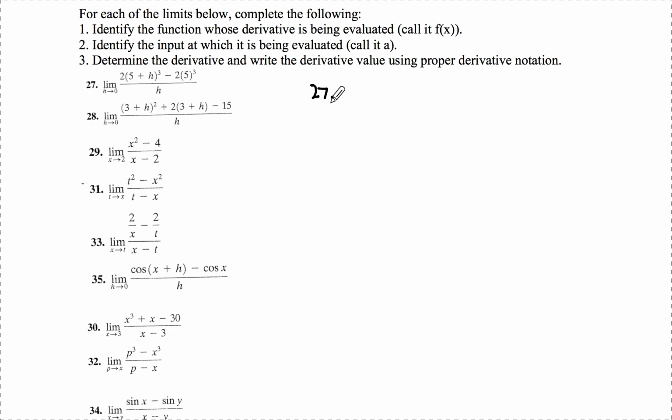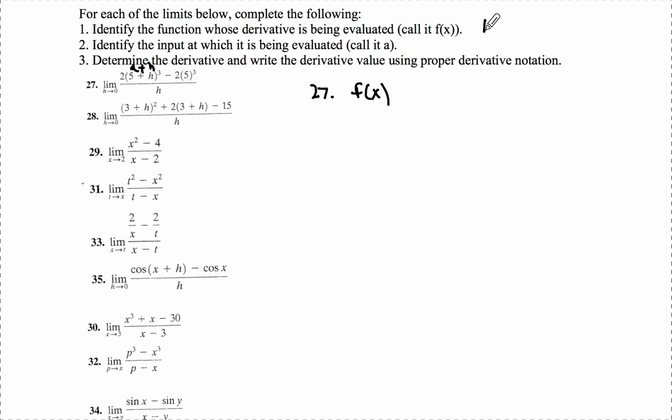Let me do 27 as an example here. In 27 here, I recognize this as a limit definition, our a plus h limit definition. All right, so I go, okay, what function are we taking a derivative of?